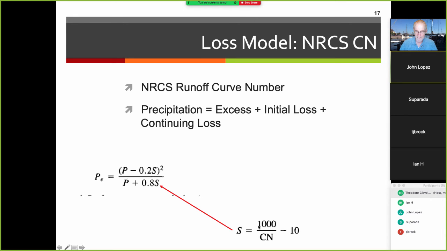So the retention is 1,000 divided by curve number minus 10. And that substitution is made, and now you have excess rainfall. Excess rainfall is correlated to curve number.